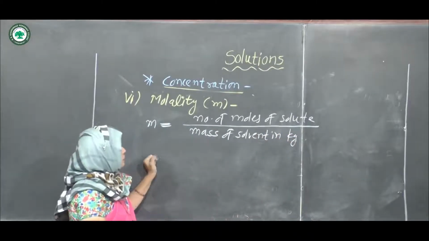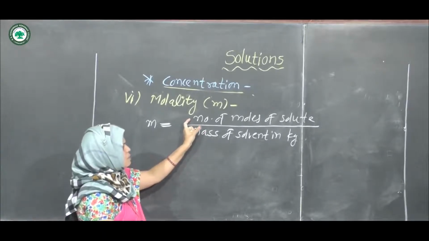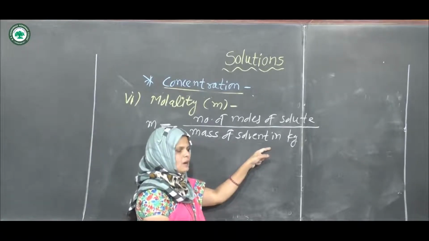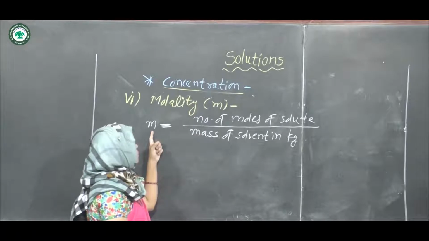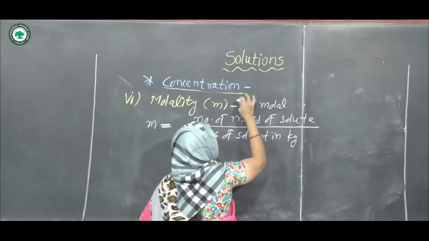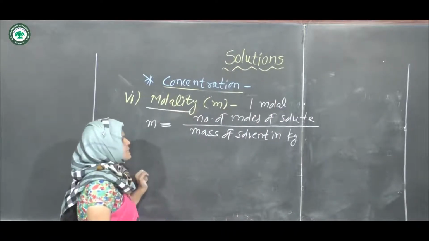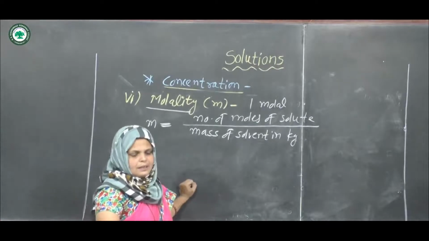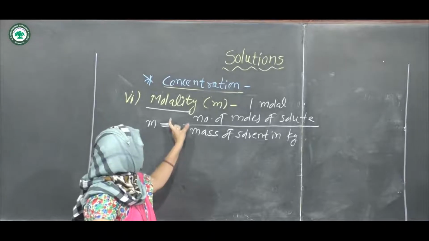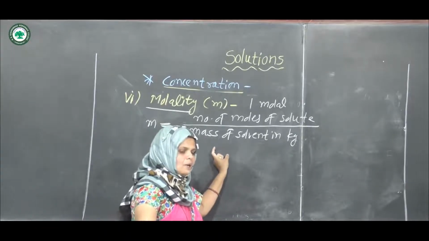When we take the number of moles of solute dissolved in the mass of solvent in kg, meaning 1000 grams, we get a 1 molal solution. This molality is also a temperature independent quantity, because molality does not depend upon the volume.